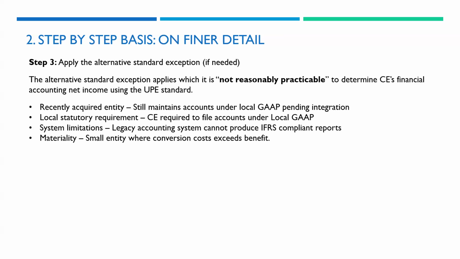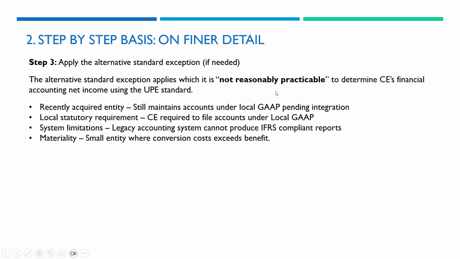So if it is not reasonably practicable, then you would have a concrete reason as to why it is not practically reasonable. And the jurisdiction where the UPE files its consolidated financial statement, that company law authority would have come back and said, okay, this is understandable, this is fine. So all this path would already have been taken.